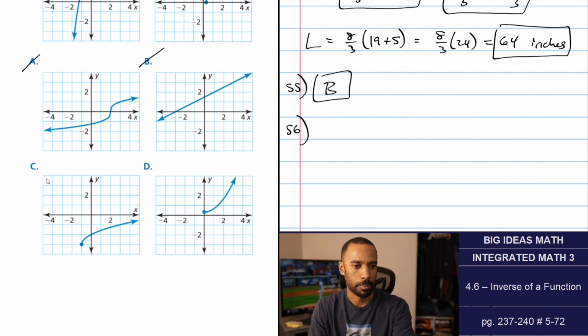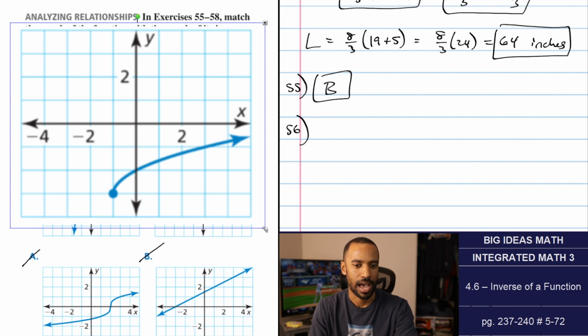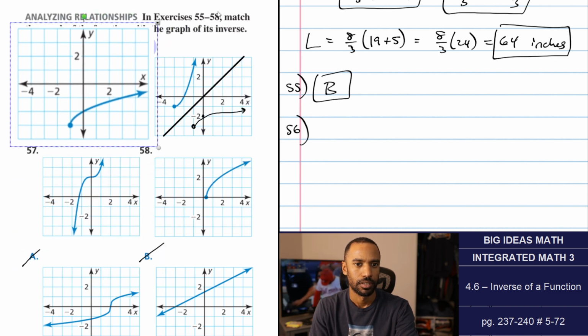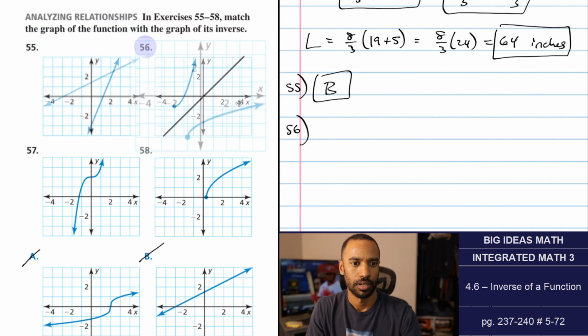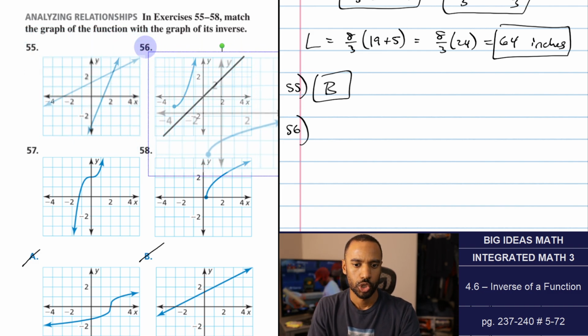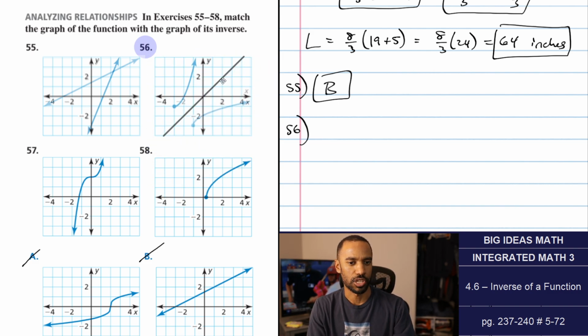So when you look at option C on this set, number 56, shrunk to size, I have that, and you can see the reflection piece there.